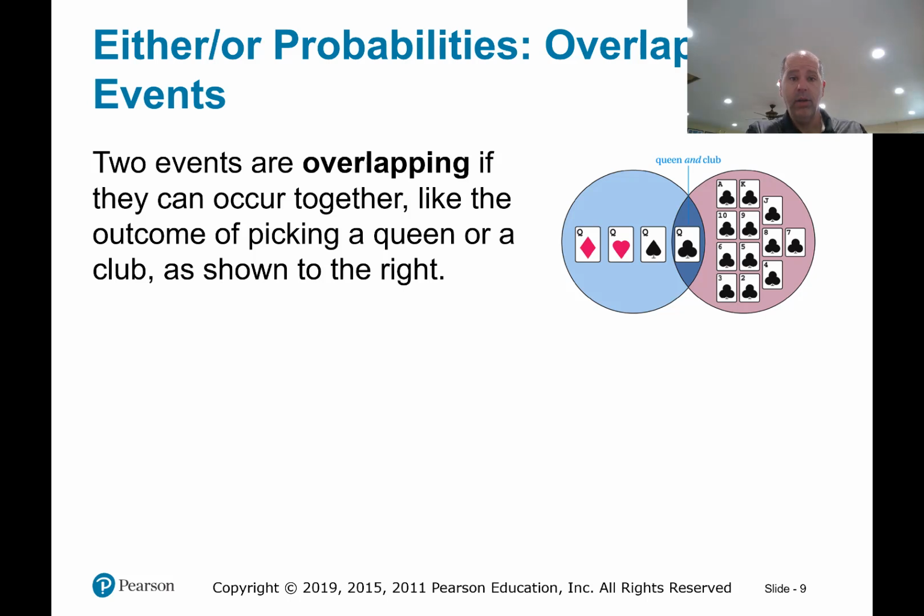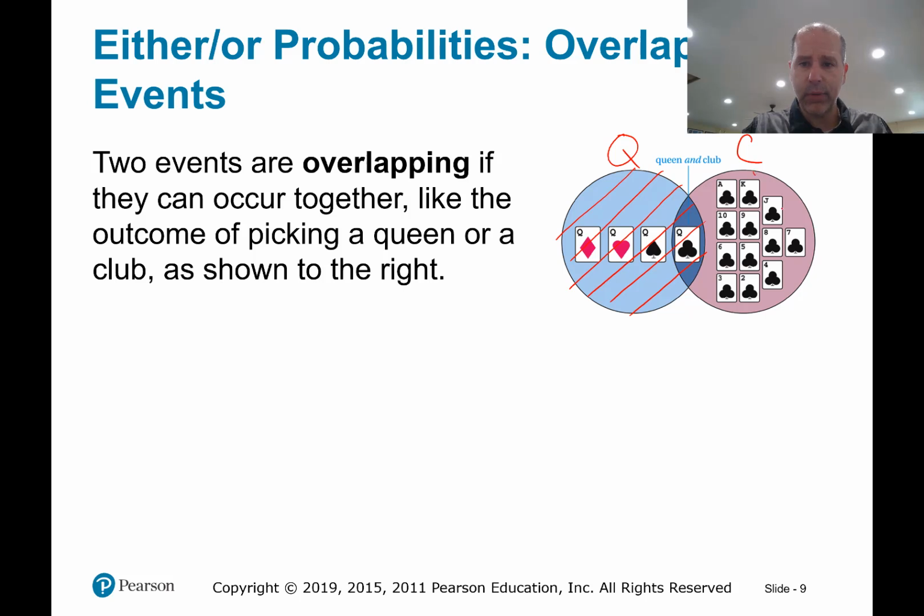So if we're looking at the probability of getting either a queen or a club, right? So that's what we're dealing with here, a queen or a club. Well, what I can do is I can count up all of the outcomes that give me a queen. So that'll give me 4.